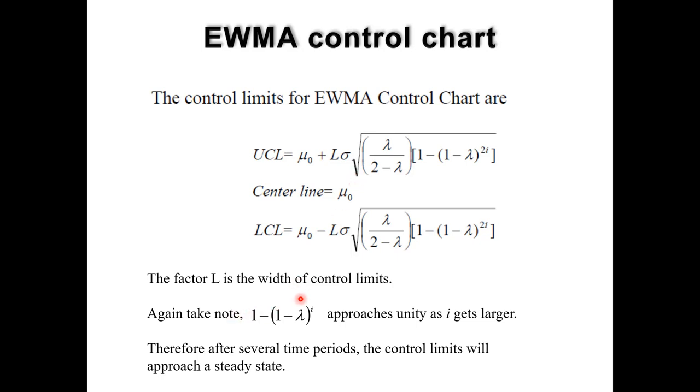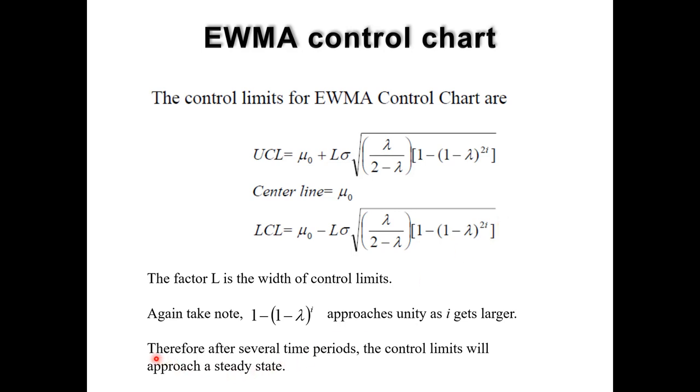Now coming back to this point where we say that as i gets larger, 1 minus, in bracket, 1 minus lambda to the power of i, will approach unity. It means that this part of the formula will be equal to 1 as time goes by. Similarly here, this part of the formula will be equal to 1.